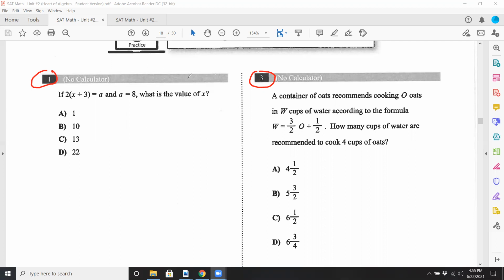So hopefully 1 is pretty straightforward. Remember, A is 8. They just want x. Always be sure what they want. So once you get A, then I'll go over 3 in just a little bit.